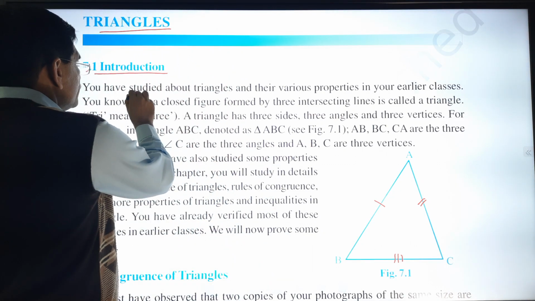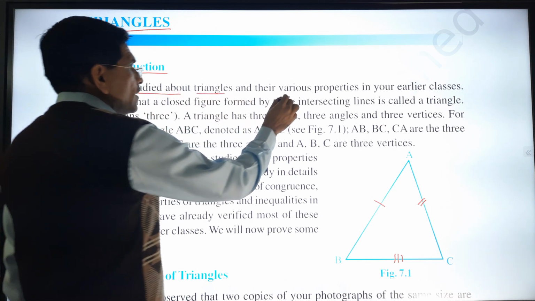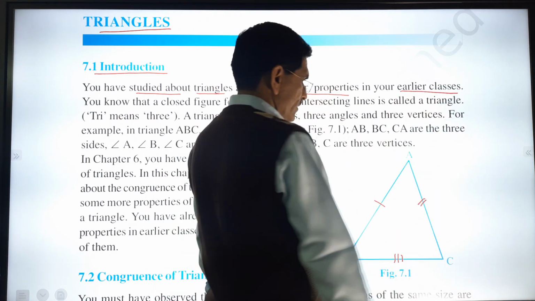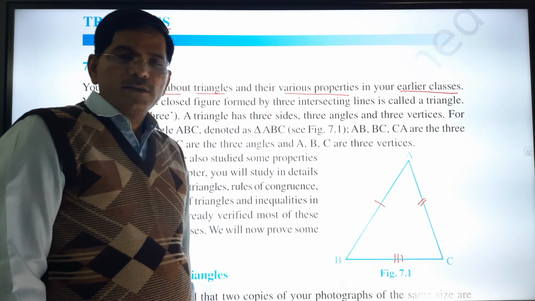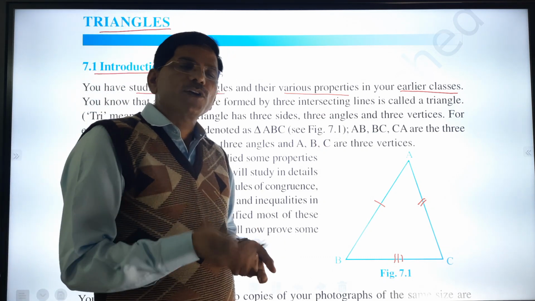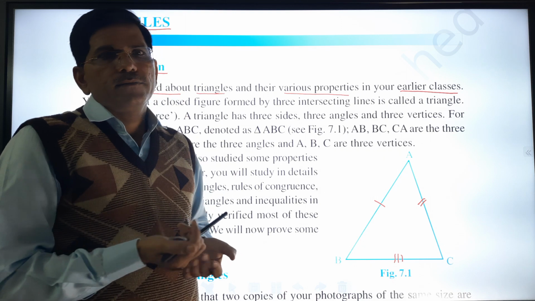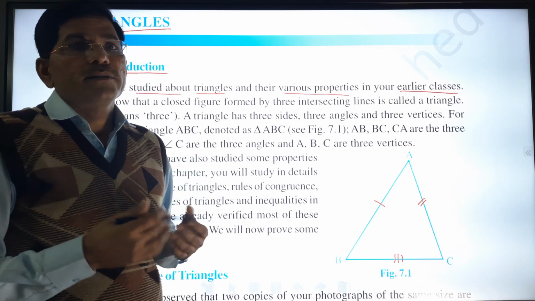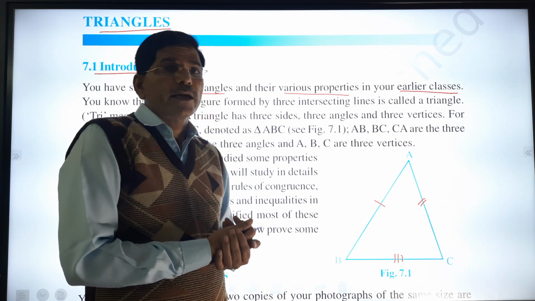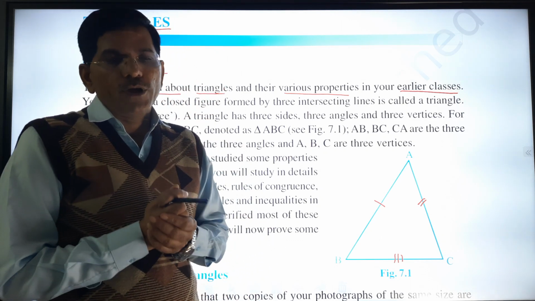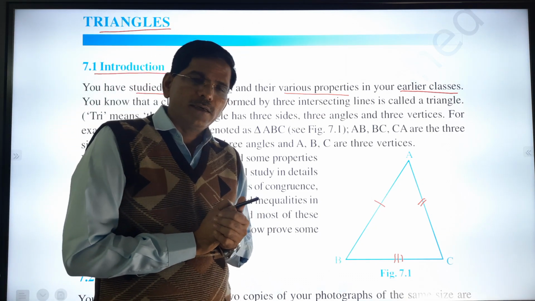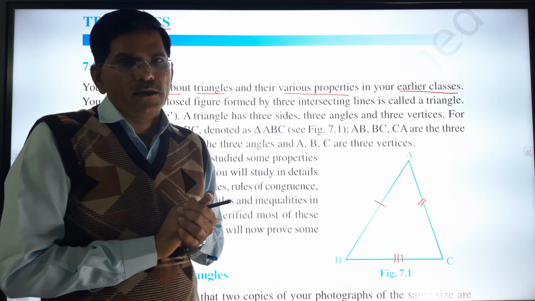You have studied various properties of the triangle in earlier classes. You know that if I ask the sum of the angles of a triangle, what will you say? 180. Now, types of triangles according to the degree: right angle triangle, obtuse angle triangle, acute angle triangle.